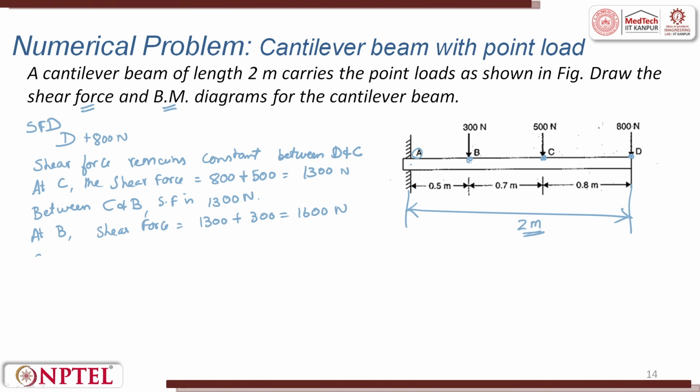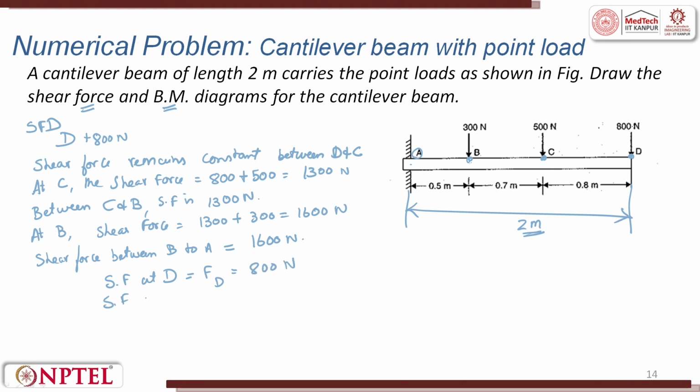So, between B and A the shear force is again constant, which is 1600 Newton. The shear force at D is FD, which is nothing but 800 Newton.